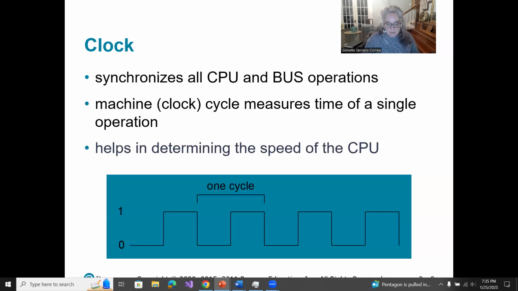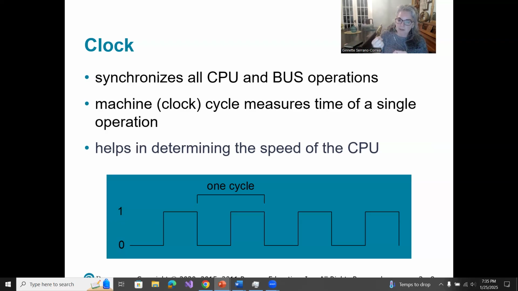So there's two types of clocks. We have the system clock, and we have what's called the RTC, or the real-time clock. The system clock is what your operating system manages. So when you turn on your computer, your operating system has the correct time, and that time is coming from the real-time clock.